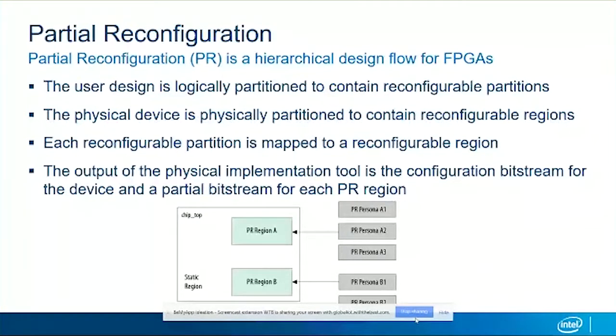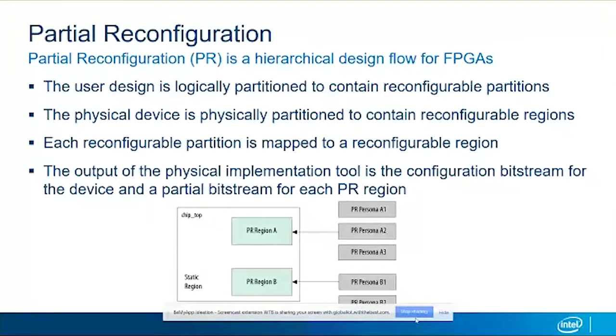As mentioned, partial reconfiguration is a design flow where a section of the design that is implemented in the FPGA can be reprogrammed to a different functionality while the rest of the design continues to operate.